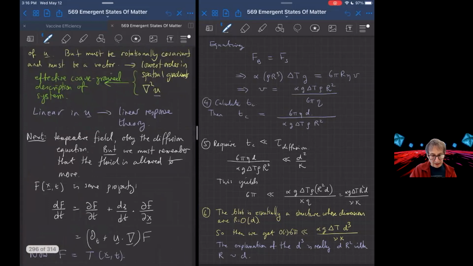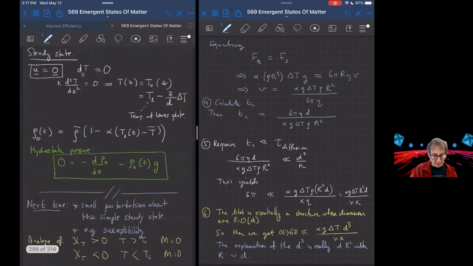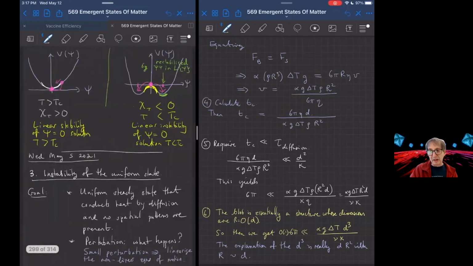So what is our strategy? Our strategy was to solve these equations to find a steady state which describes the conduction of the heat without any fluid motion. Once we found that state, which was easy to construct because the equations in steady state are very simple to solve, one can look for the stability of the system about that.